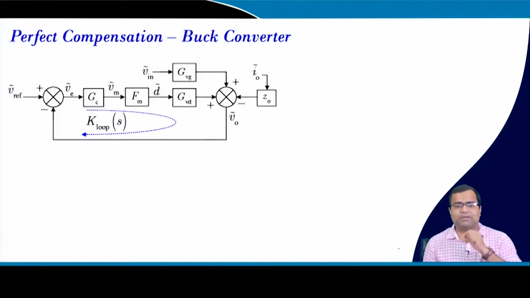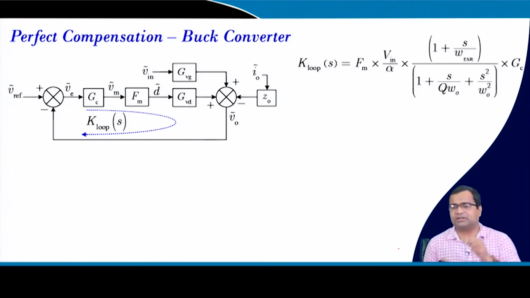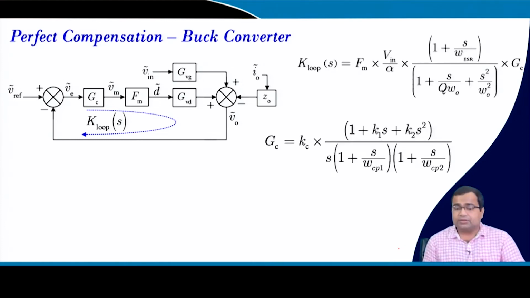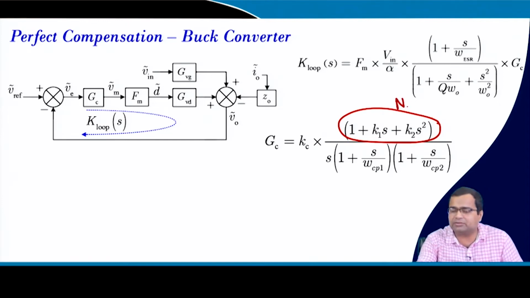Now, the perfect compensation, if you take the loop transfer function, then the controller is a type 3 compensator where the numerator, the zeros of the controller, is designed to compensate the denominator of this plant.